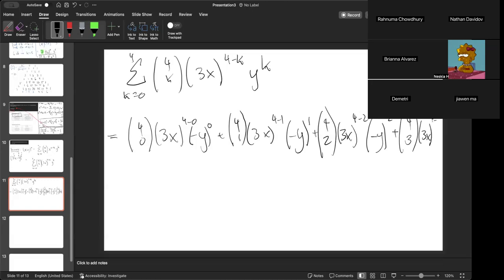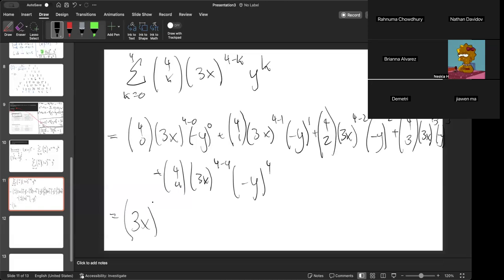Plus 4 choose 3, 3x to the 4 minus 3, minus y to the 3, plus 4 choose 4, 3x to the 4 minus 4, minus y to the 4. Okay, what is this going to be equal to? I'll do these later.